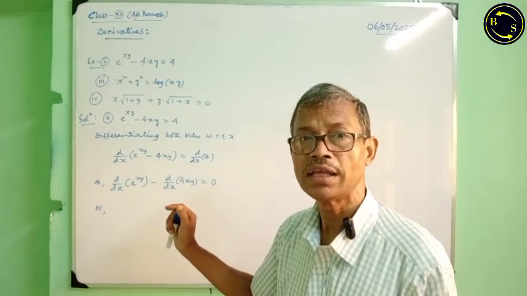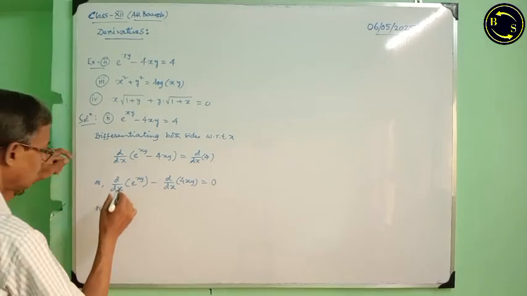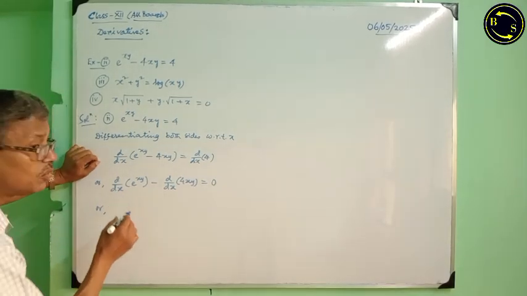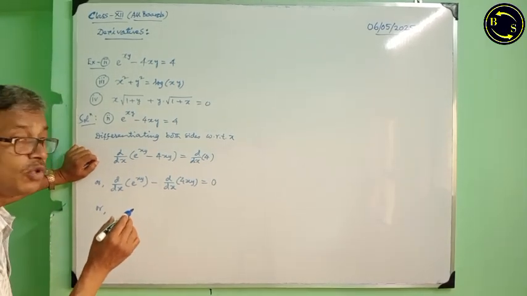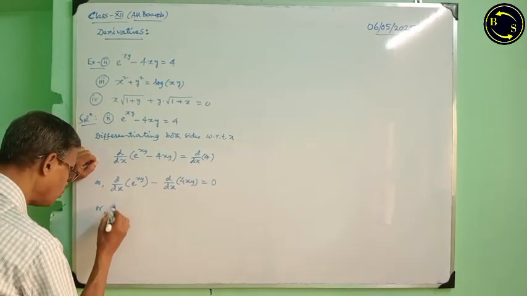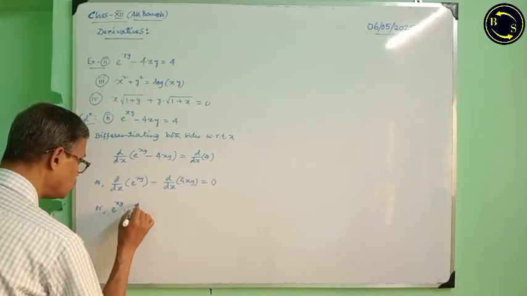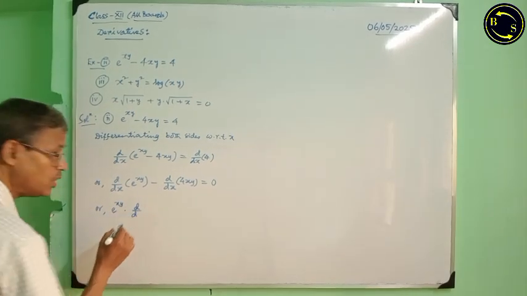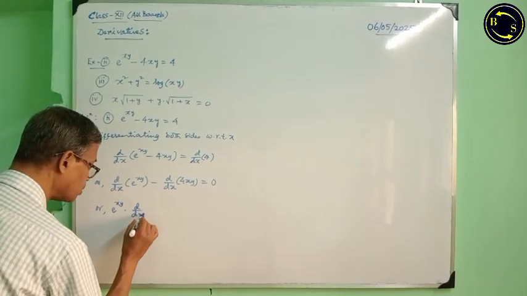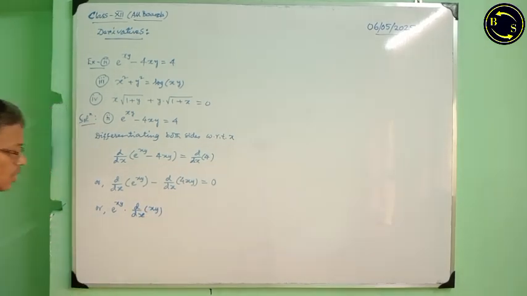Chain rule is applied. Now d/du of e to the power u means e to the power u, that is e to the power xy, into chain rule du/dx, that means d/dx of xy.